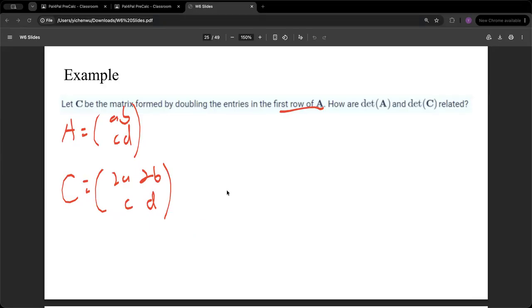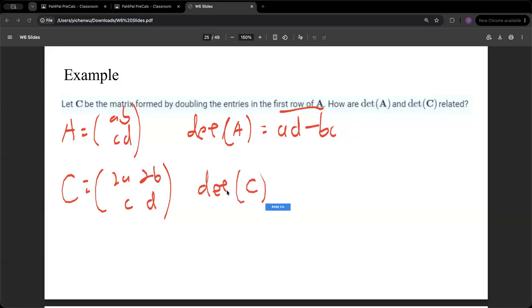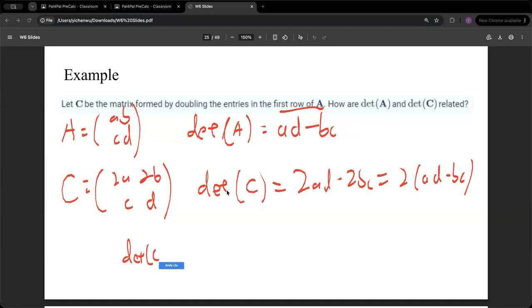Then the determinant of A and the determinant of C will be, we can notice that this is 2 times AD minus BC. So hence we have that the determinant of C is 2 times the determinant of B, I mean 2 times the determinant of A, sorry. And so that's how they are related.